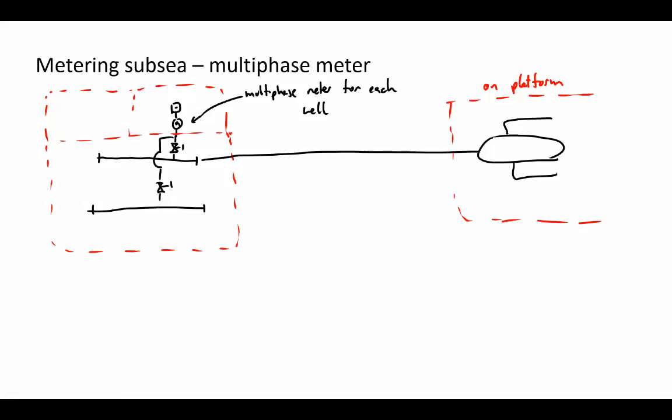This will be the test header, and the other one is the production header. So you have a multi-phase meter between these two headers, probably isolated with check valves.